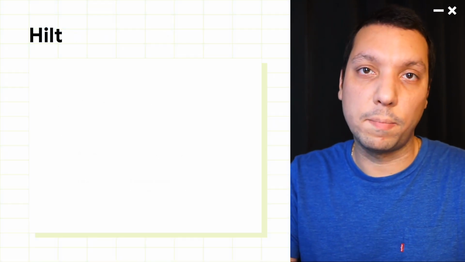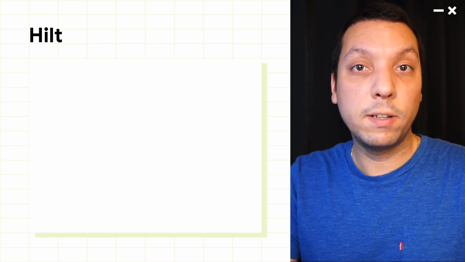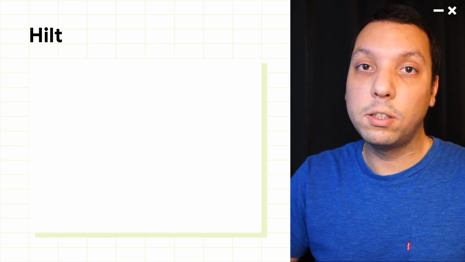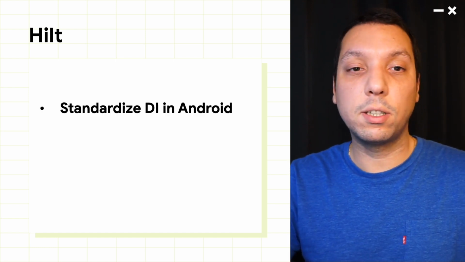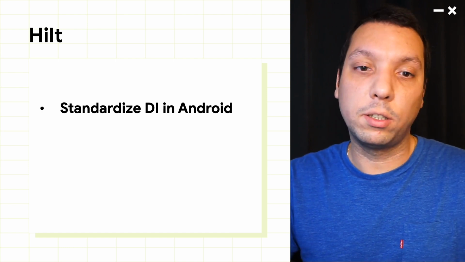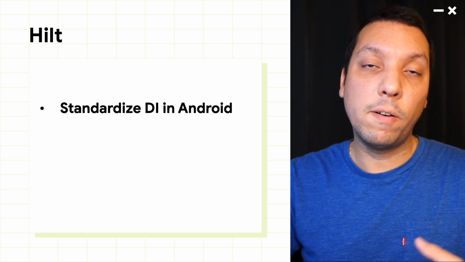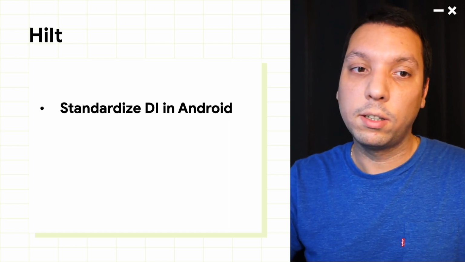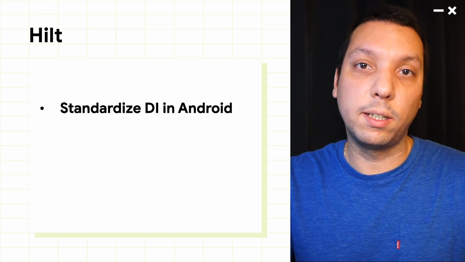And this is where Hilt comes in. Hilt is actually a dependency injection library that was being used internally in Google for a bit, and we just renamed it, changed a few things, and open sourced it. But Hilt in essence offers a standard way to do dependency injection in Android. And what that really means is all of those different ways to configure dependency injection change to just being the same.